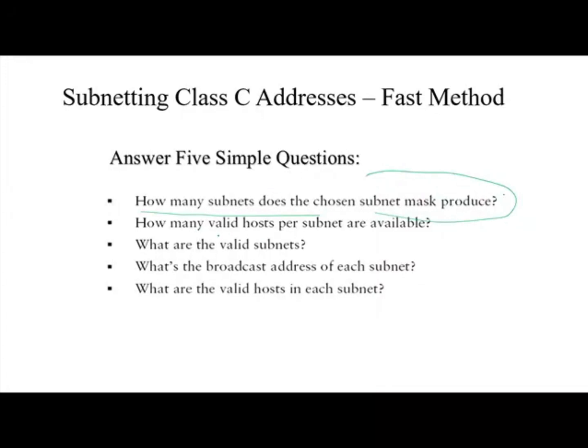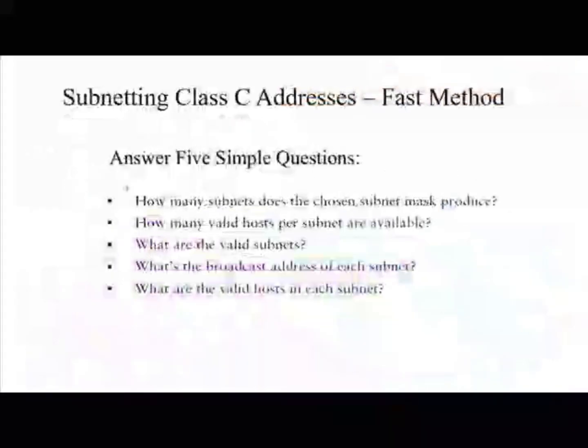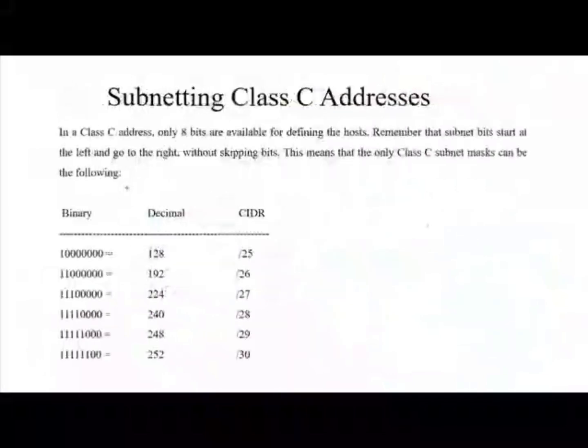How many valid hosts per subnet, meaning in each subnetwork how many IP addresses can be assigned to computers. And what will be the broadcast address, and what will be the subnet mask. These are simple questions. This is for each network, not for the router. This is calculating the subnets, performing subnetting. So based on that questionnaire, let me show you an example.